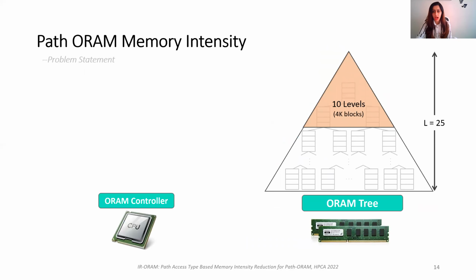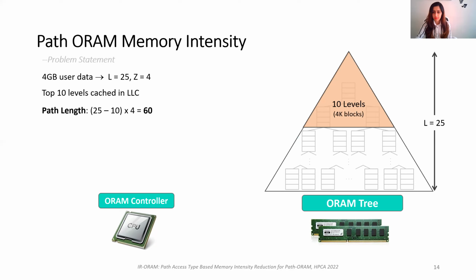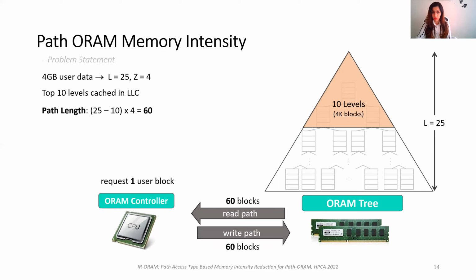At real scale, for example, to protect 4 GB of user data, the ORAM tree requires 25 levels with 4 slots per bucket. Given that the top 10 levels are cached on chip, the path length would be 16. This means one user block request is translated to a read path operation, which is reading 60 blocks, followed by a write path operation that is writing 60 blocks.